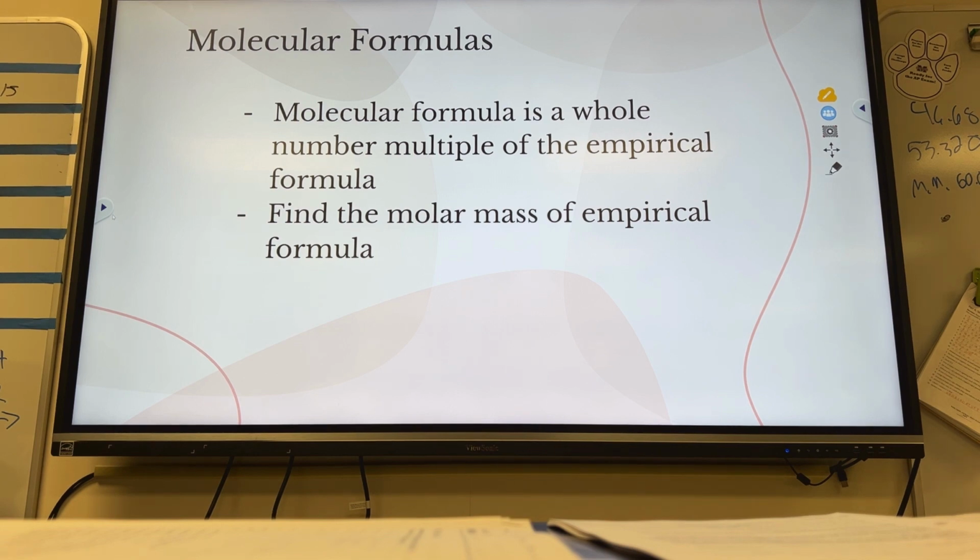So empirical formula, again, is that lowest ratio. Molecular formula is just some multiple of that. That's it.